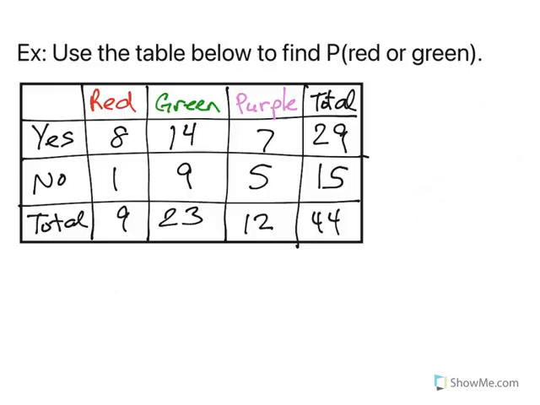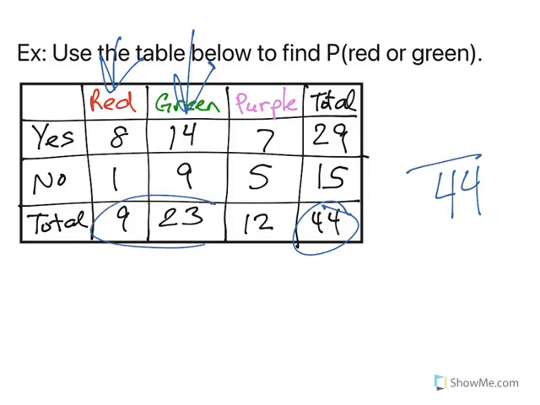All right, let's do one more with a table. Okay, I love table work. So use the table below to find the probability of red or green. Thinking through this, here's my red column, here's my green column. This is my total. So I know with probability, we're going over the total. So for red or green, I just add these two together.